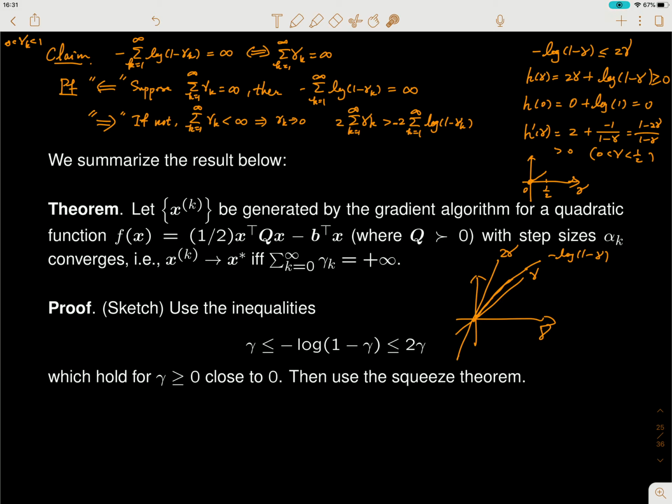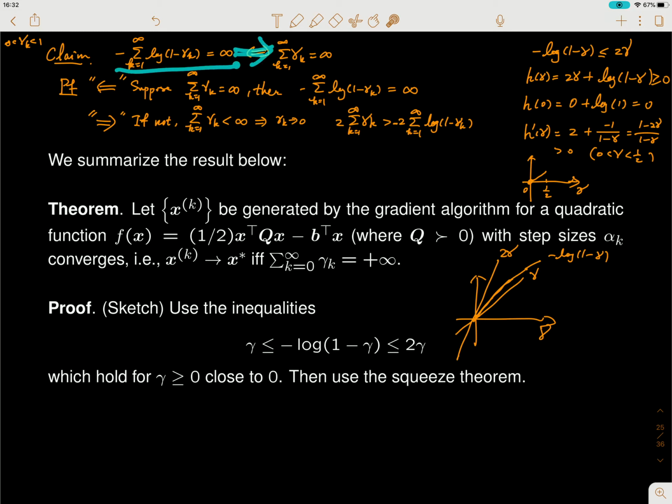Let me repeat what I'm saying here. We're trying to show this direction: that if the infinite sum of gamma k, or the series of gamma k, is infinity, then the series of this must be infinity as well. And the reason is, if not, we're trying to show this direction.